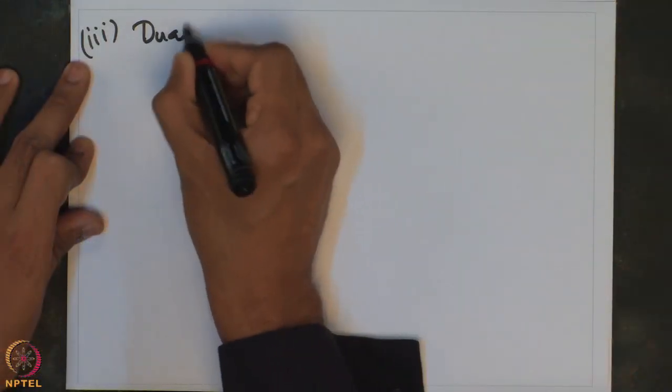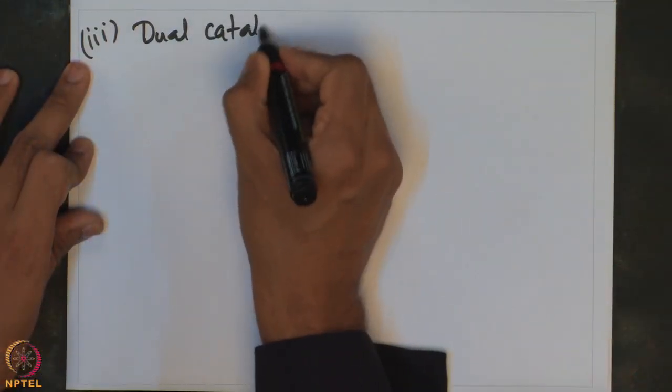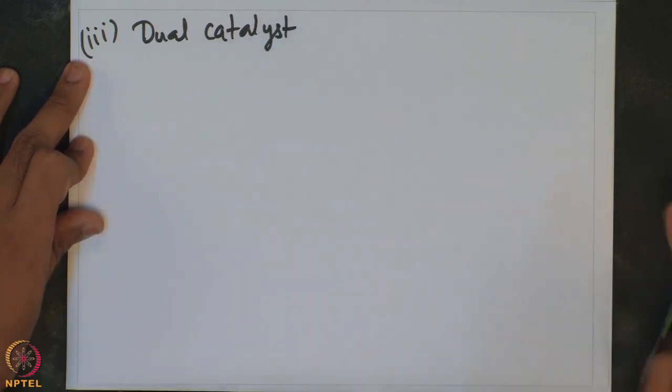So, let us look at a third case, dual catalyst. There are many situations where you have multiple species which are participating in the reaction, and one species may have a specific or special affinity to a particular catalyst, and the rate at which the species is binding to that catalyst could be very high at the given temperature in which the reaction has to happen.